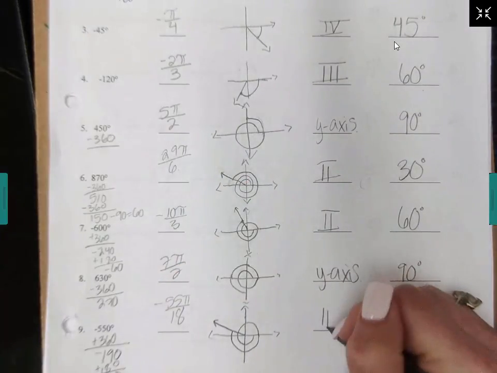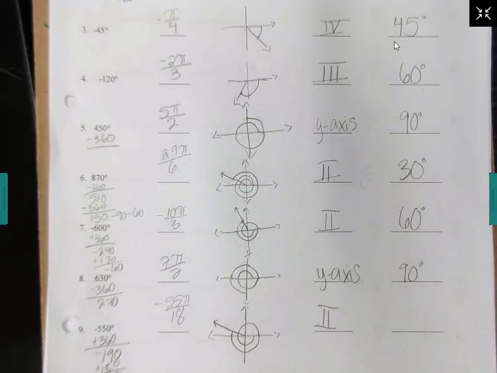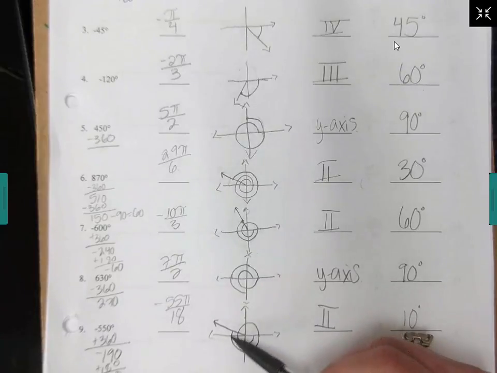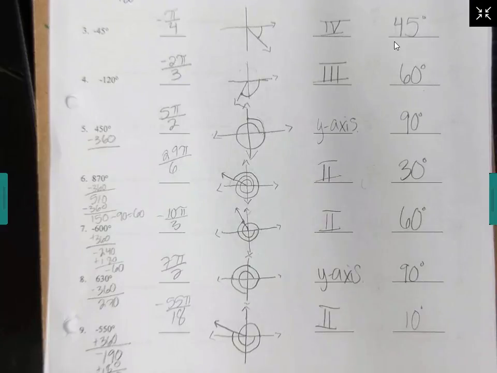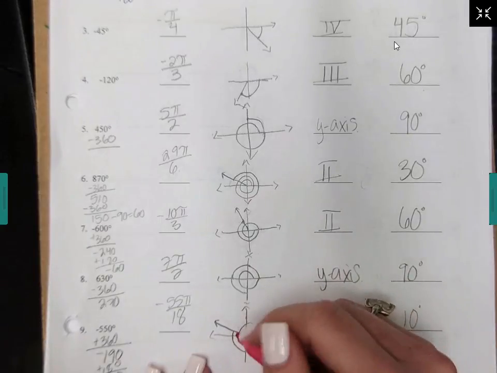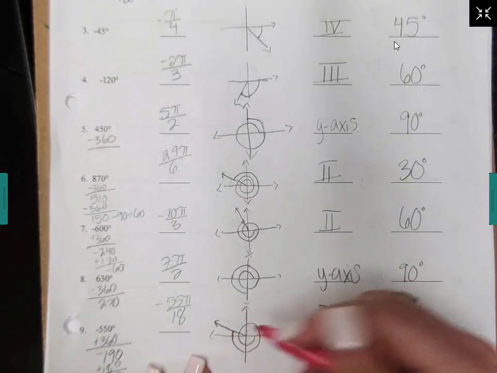We're in the second quadrant, and what is our reference angle? 10 degrees. Now, do you see how that's different? Because we were at 180 and we only went 10 degrees away from the x-axis. I'm going to go through and highlight our reference angles, okay?